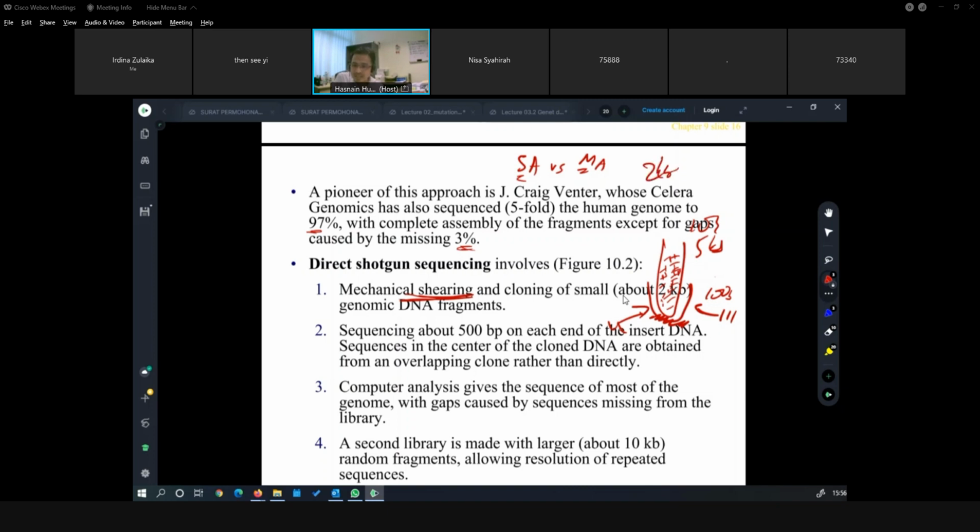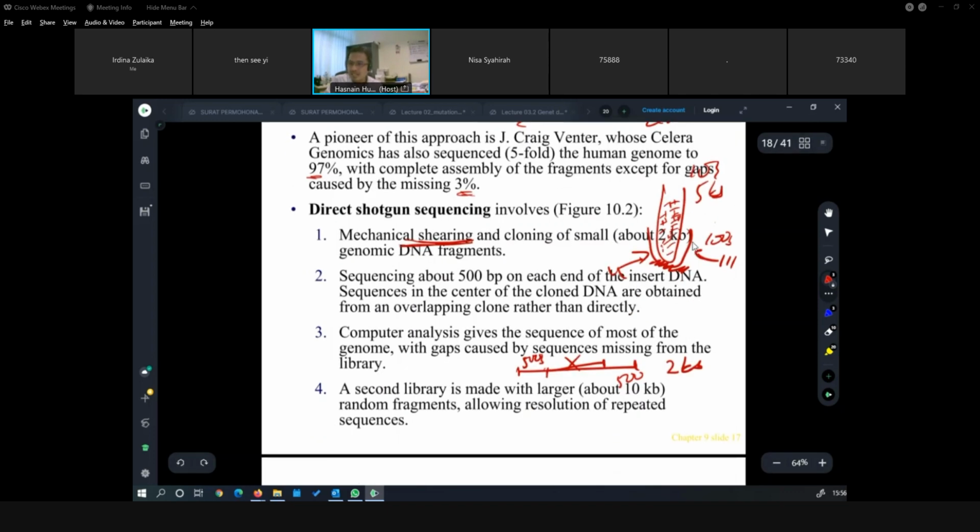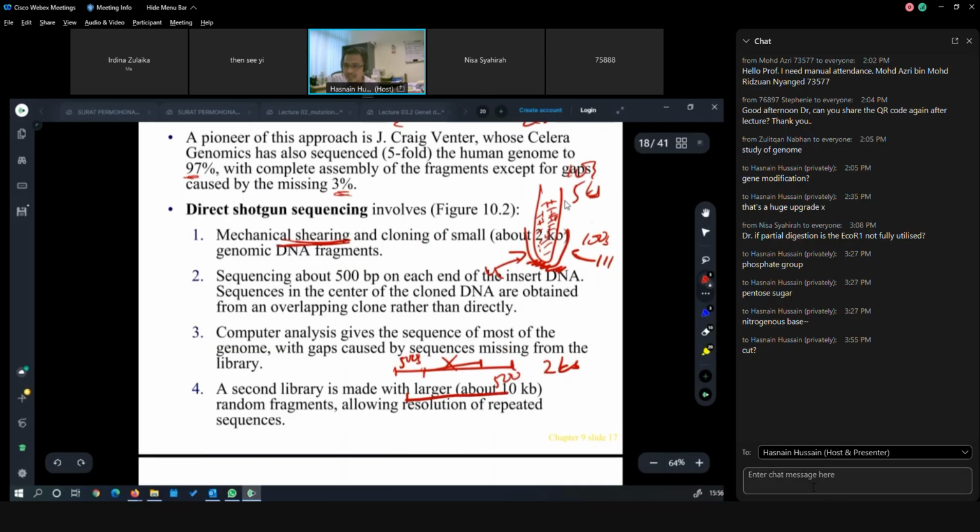And even that, if this one is 2 kb, they only sequence 500 on this side, 500 on this side, and the middle 1000 they didn't do. But you have to imagine, because they are cut into smaller pieces, there should be another fragment that covers from here until here.